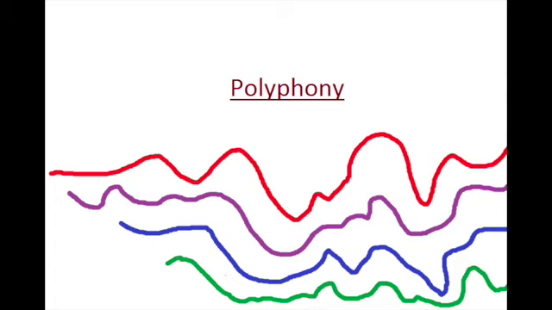When two or more melodies are played or sung simultaneously, the texture is described as polyphonic. Poly meaning many, phonic meaning sound. In polyphony, the melodies are felt to be independent and of approximately equal interest.